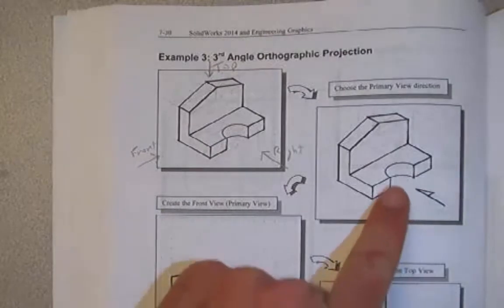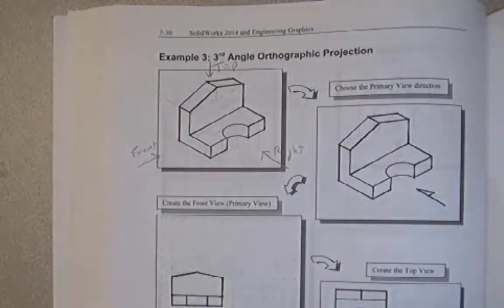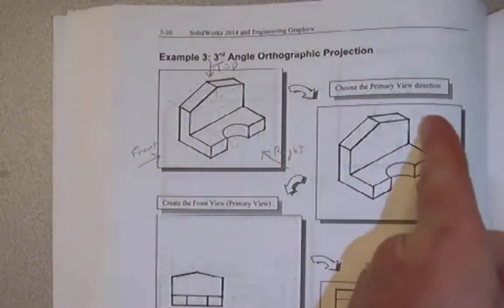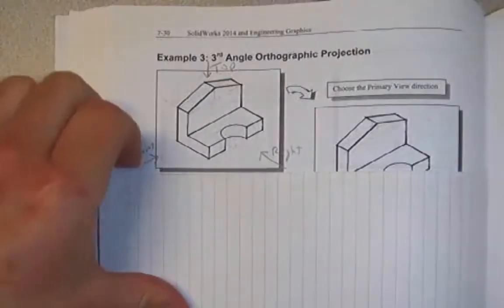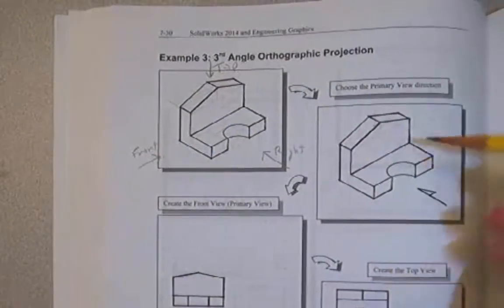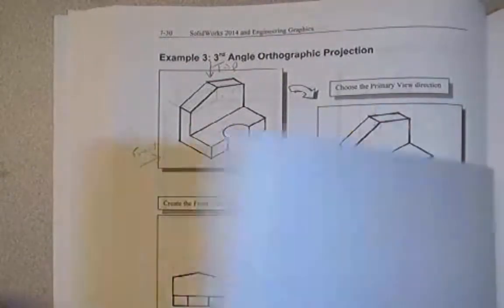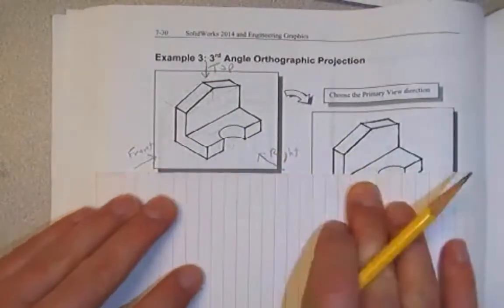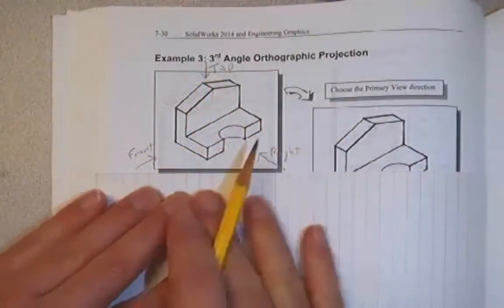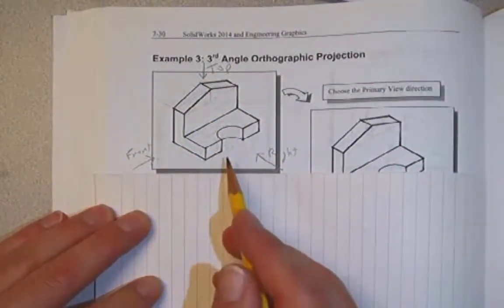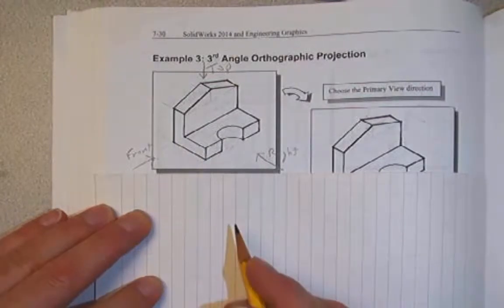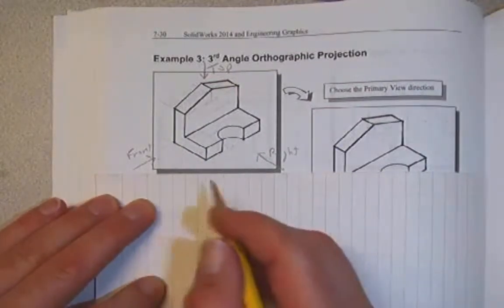By making this the front in this view, you're sketching the right side, you're sketching the front, and you're sketching a side that you don't even see in this isometric. So I don't like to do that. I like to use the front, the right, the top. That way I'm doing orthographic sketches of things that I can directly see and don't have to infer.